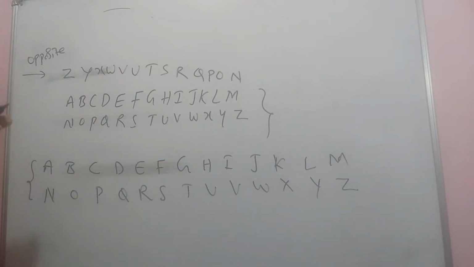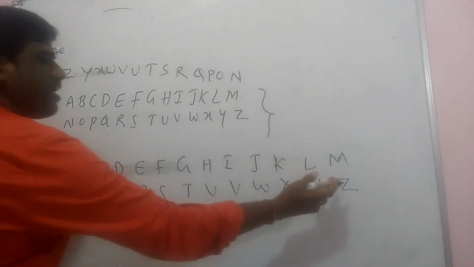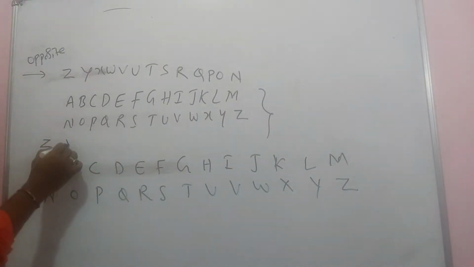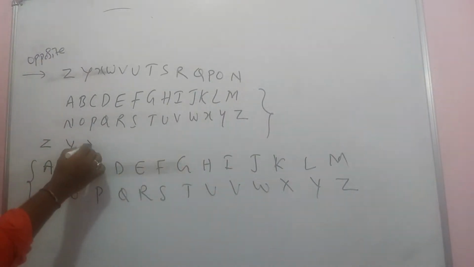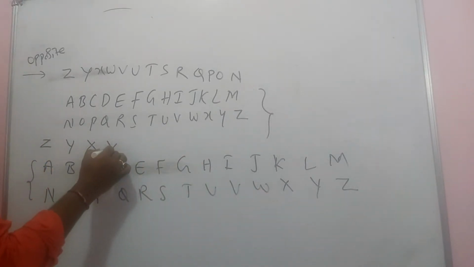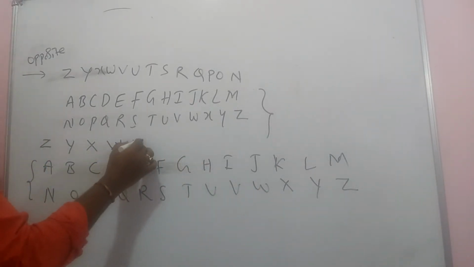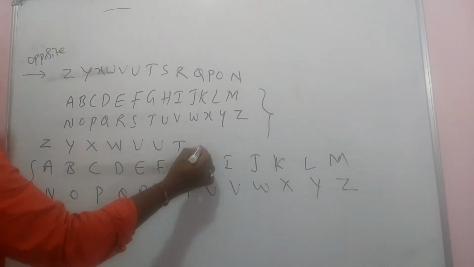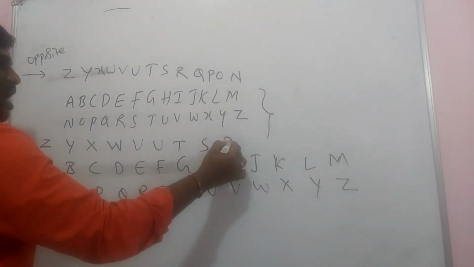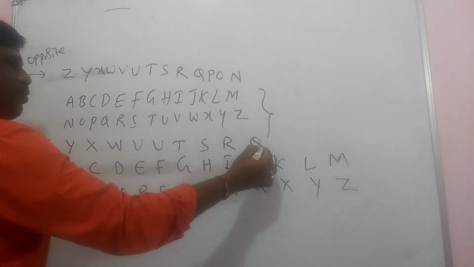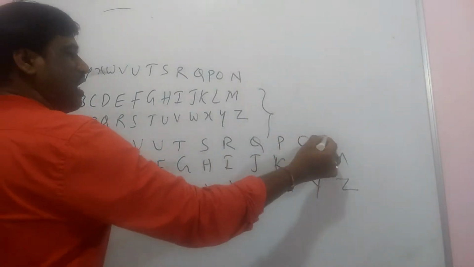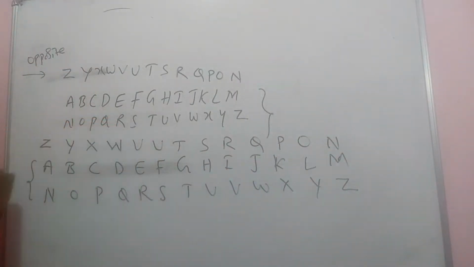Based on this, in many books you will find many questions. But if I write this in reverse, starting here with Z, then Y, then X, W, V, U, T, S, R, Q, P, O, N, these are called opposite letters.